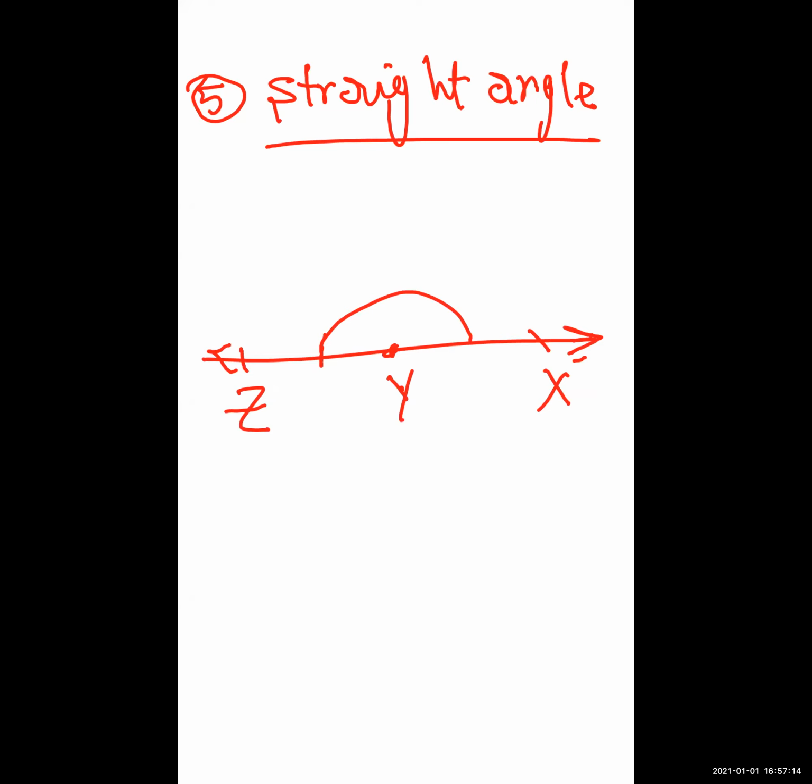So this one equals 180 degrees. It's like the 0 angle, but in this case the two sides are in different directions and on the same straight line. So XY is the first side of this angle, and the other side is YZ.